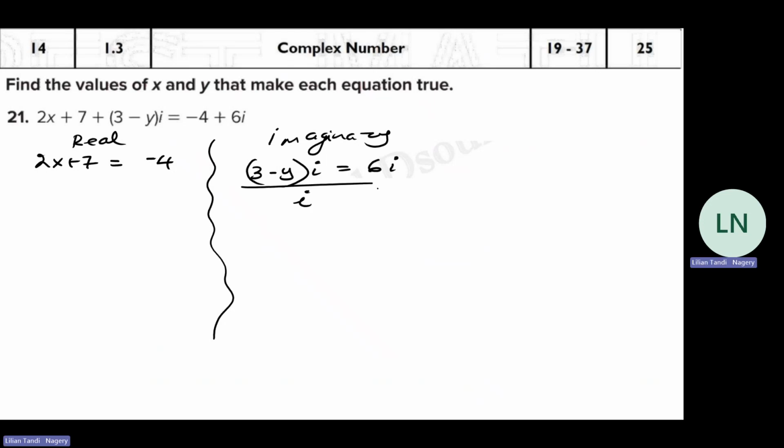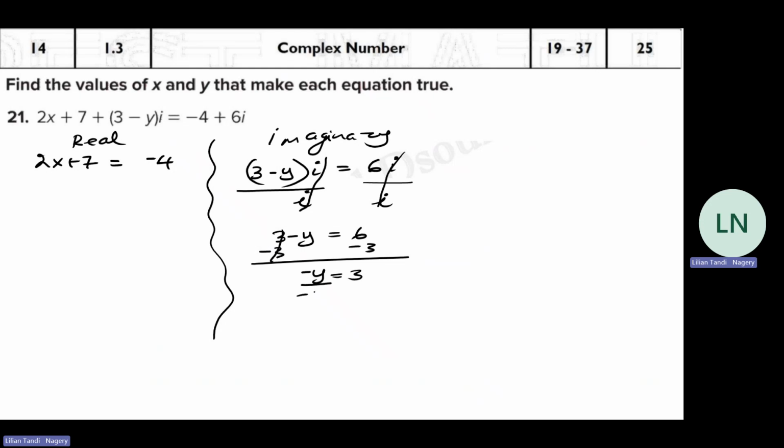Divide by i on both sides. That goes away. 3 minus y equals 6. Minus 3, negative y equals 3. Divide by negative 1, y equals negative 3. Box your answer.